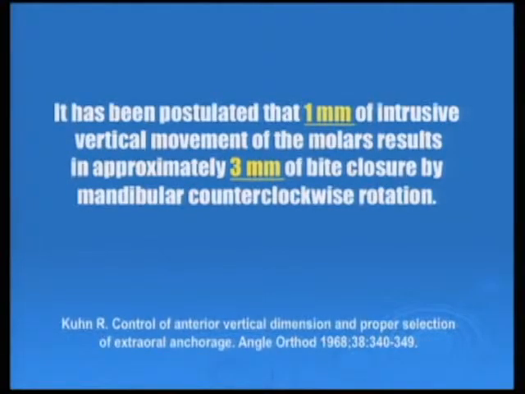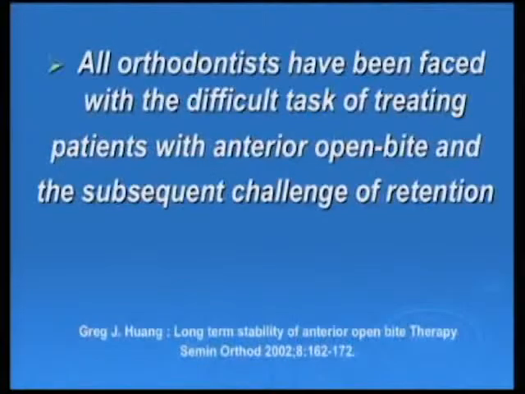However, other previous studies have reported a range between 2 millimeters and 3 millimeters. As we all know, orthodontists have experienced difficulty not only in treating the open bite itself, but also in retaining the treatment result.